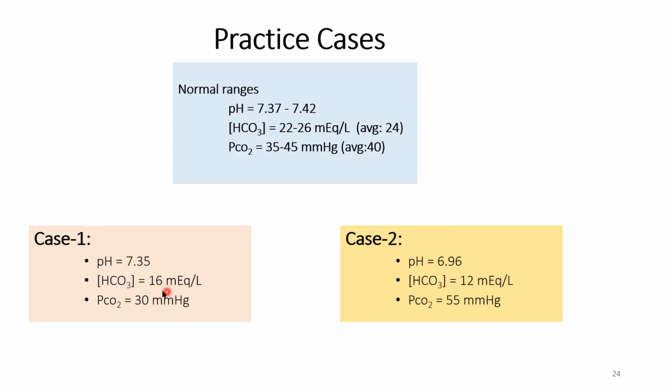Bicarbonate is 16, average is 24, so bicarb is quite low. So this is metabolic acidosis. And PCO2 is 30 instead of its average of 40, so this is an appropriate compensation. So this is a case of metabolic acidosis with appropriate respiratory compensation.